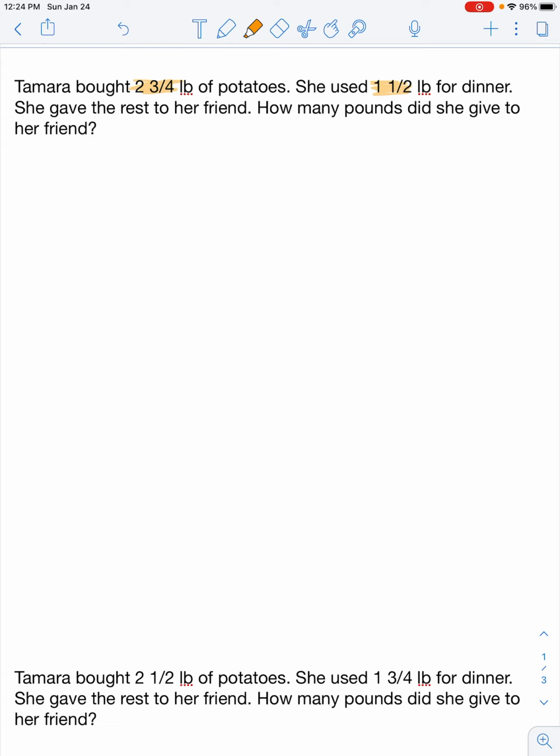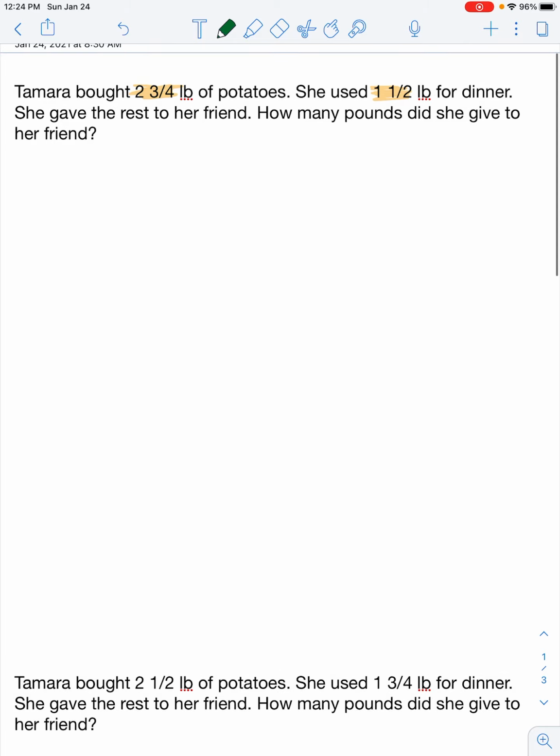Obviously, if we go by the language of the problem and imagine ourselves in Tamara's place, we know that we're going to have to subtract. So she's starting off with 2 3/4 pounds of potatoes, and we are giving away or subtracting 1.5 pounds.